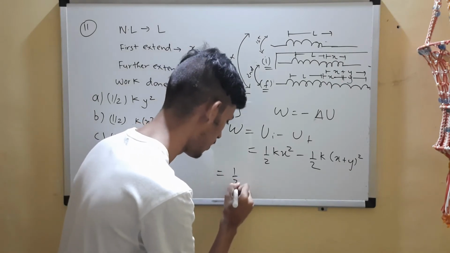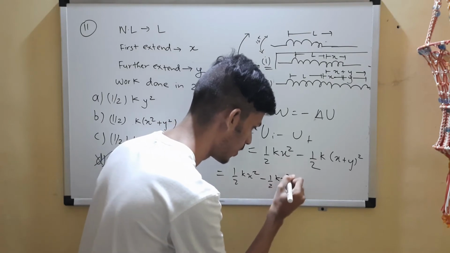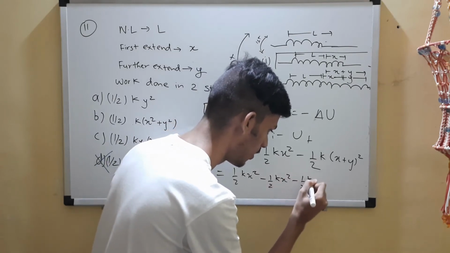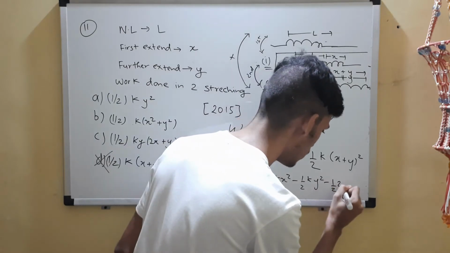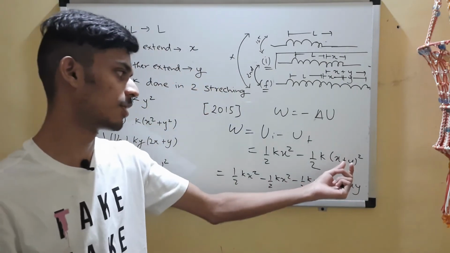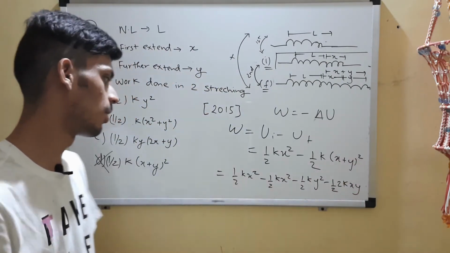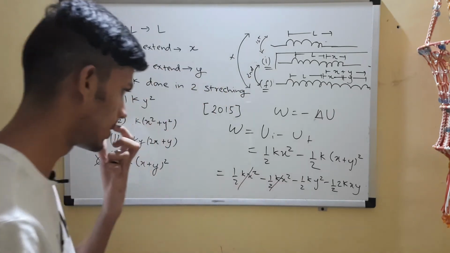So we just have to compute this. It will be half k x square minus half k x square minus half k y square minus half 2k x into y. I just opened this up: x square, y square, plus 2xy. Then open the brackets, and you can see that the x square terms cancel.